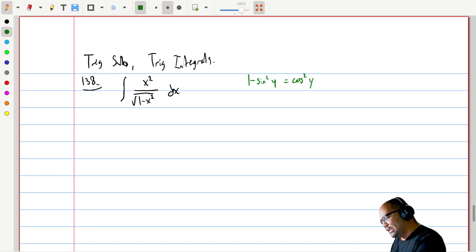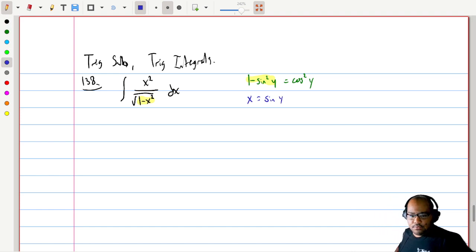Okay, and you see that kind of looks similar to my integrand. I have 1 minus a variable squared here. So I'm going to go ahead and set x equal to the sine of y. Set x equal to the sine of y.